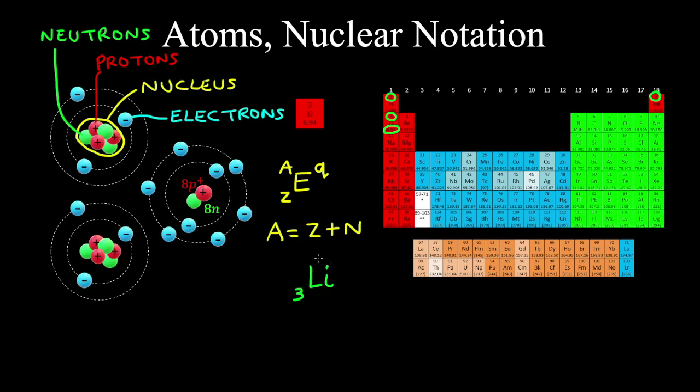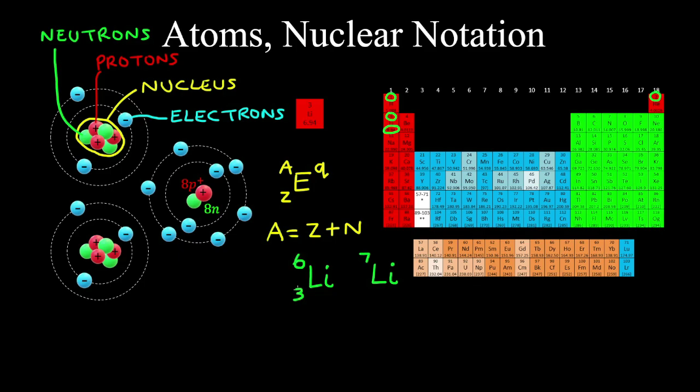And lithium exists with a different number of neutrons, and these are called isotopes of lithium. So for example, one of the isotopes has a mass number of 6, and the other isotope has a mass number of 7.